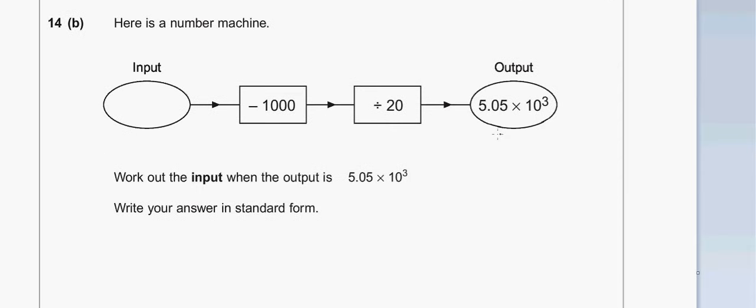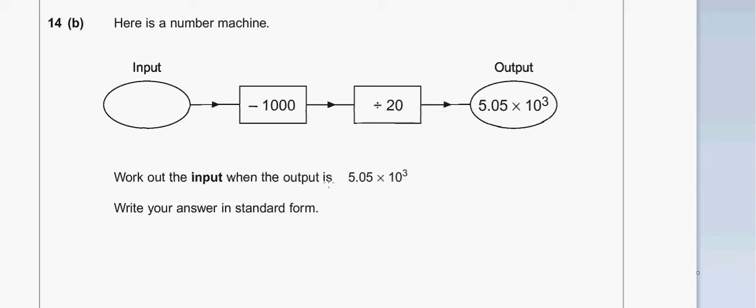Okay, 14b. So we have a number machine. Normally with a number machine, we would put a number in, it would go through, be acted upon by whatever boxes are put in, and we would have an output. But here, we need to work out the input.